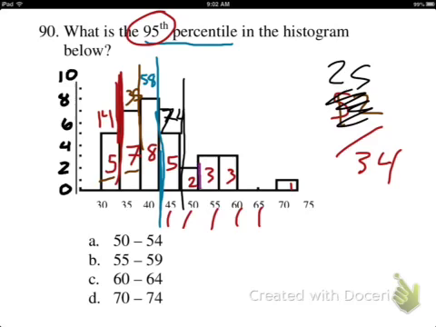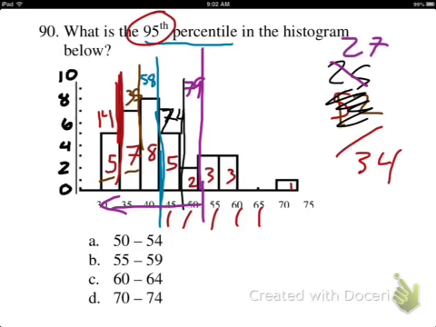So let me do the next one. How many people are below 55? Again, this is below 55, so we add 2 more people to that group. So we have 27 now. 27 divided by 34 gives us 79%. And we're still not to 95%, so let's keep going.